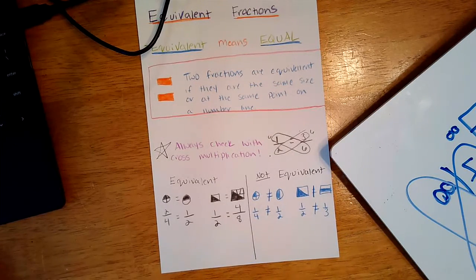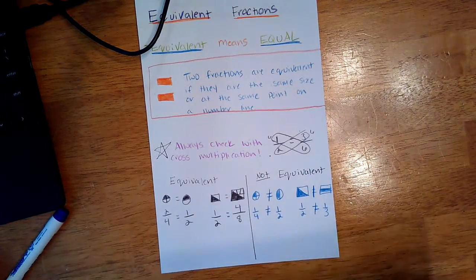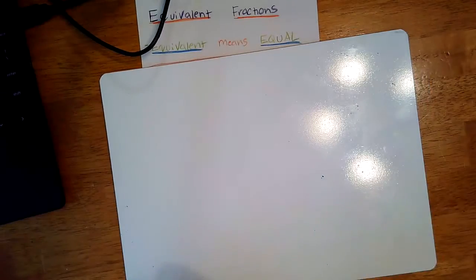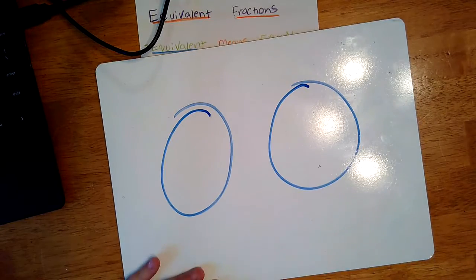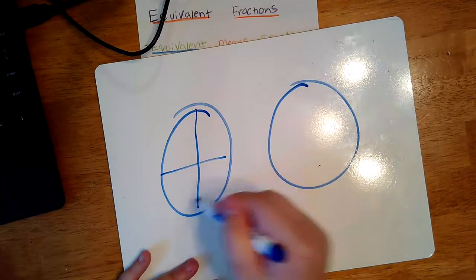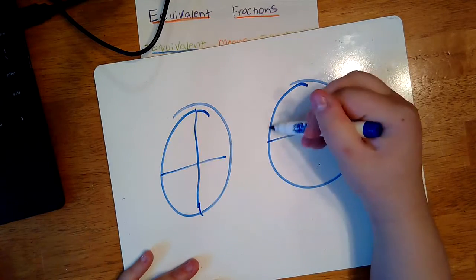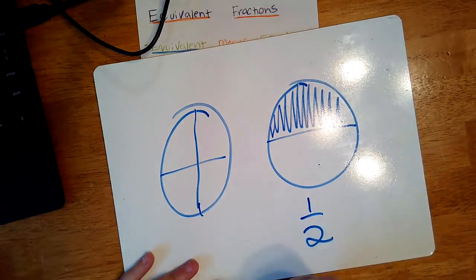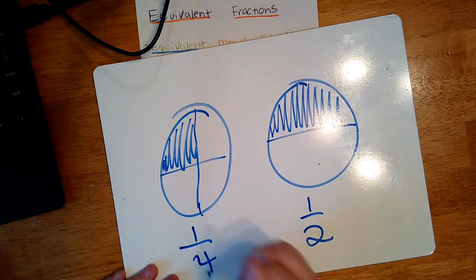Now, some things that are not equivalent. Let's look at some examples of those real quick. If I have two circles, and I have this one divided into fourths, this one divided into halves. Okay, so I'm going to color 1/2, and this one I'm going to color 1/4.